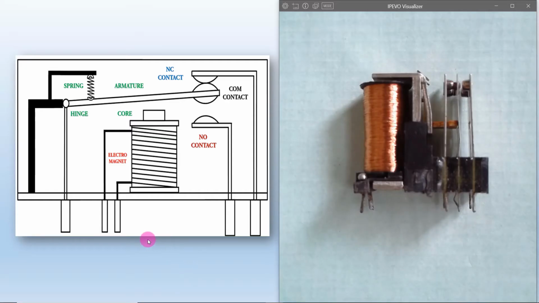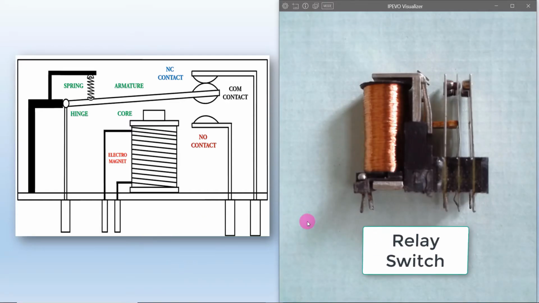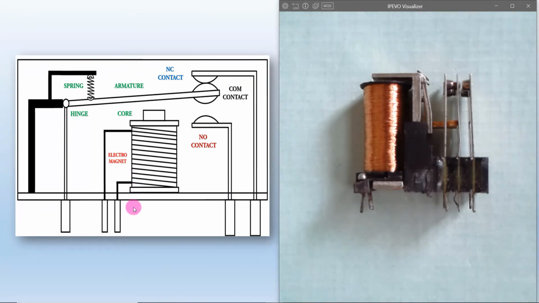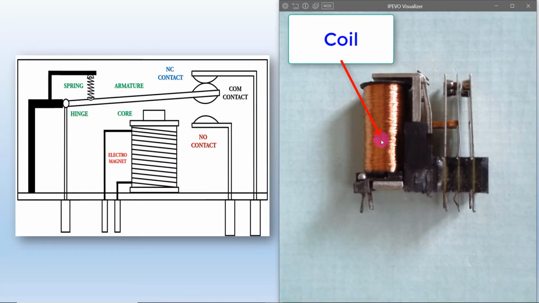Now let us compare the actual relay switch which is shown over here with the construction details which we have talked about. There is a coil, the coil is over here, and the two terminals of the coil are shown over here.